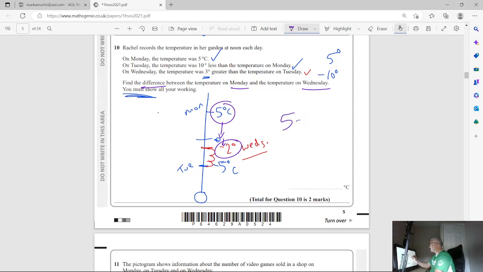If I wanted to show it mathematically, I'm doing that. Okay, so 5 minus minus 2, to find the difference it's minus, and that number there is minus 2. Okay, so 2 negatives make a positive. So as you've probably seen, I'm looking at 7 degrees. The units are there. I don't need to write the units. They're there for me.